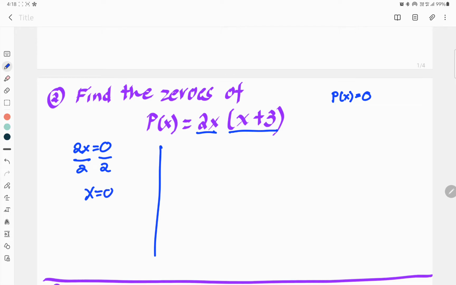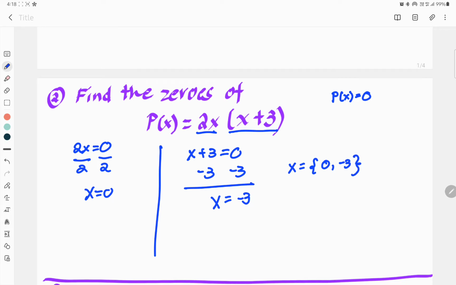So x will be equal to 0. Another, we have now x plus 3 is equal to 0. So you deduct both sides by negative 3. So therefore, x is equal to negative 3. Now when you ask in a set, x could be 0 and negative 3 as its zeros or roots. So this is now the final answer.